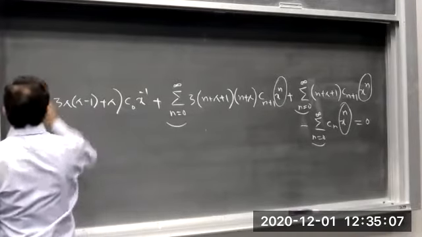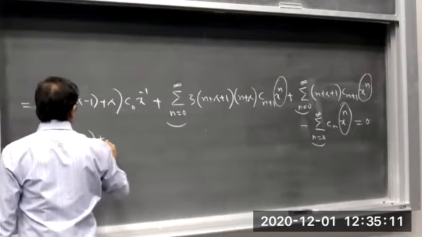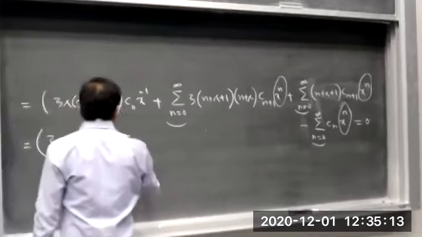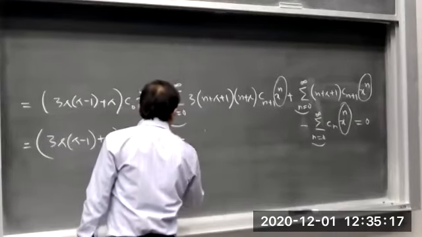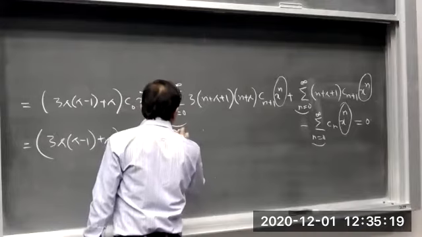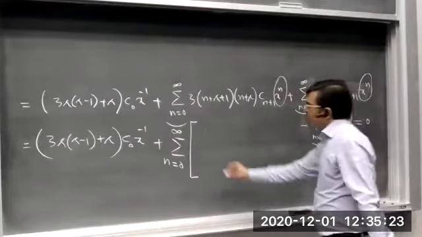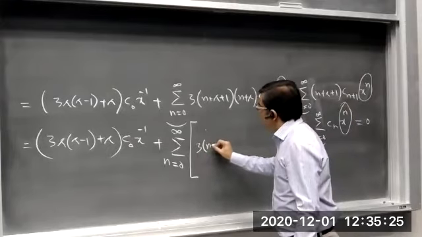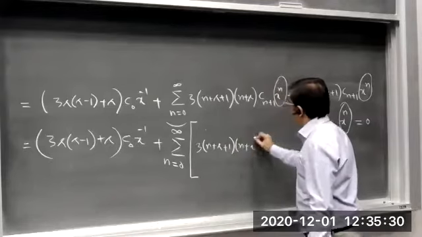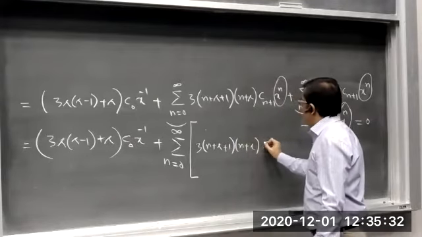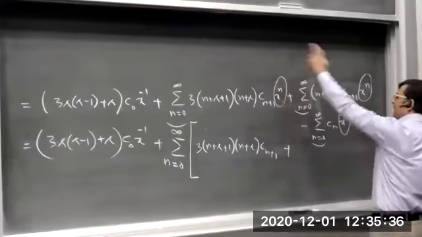Now we write 3r (r minus 1) plus r, c naught x power minus 1, plus, taking the summation common, n from 0 to infinity, and inside we have 3 (n plus r plus 1)(n plus r) c n plus 1, and x power n also comes out.